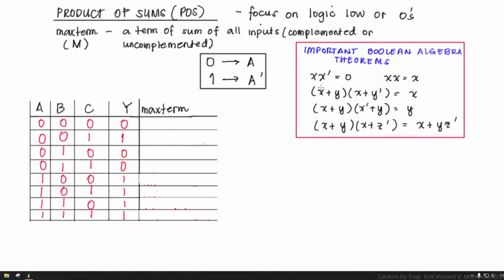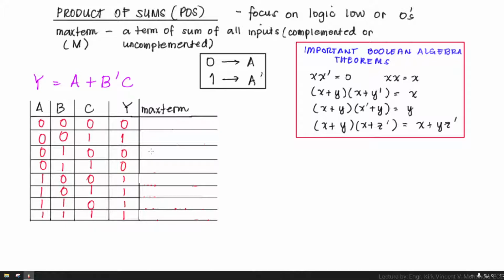That is the reverse compared to our SOP. So let's tabulate the truth table. This is the same as in the previous video, where the function we got was A plus B not C. When we use POS, you will arrive at the same minimized Boolean expression.